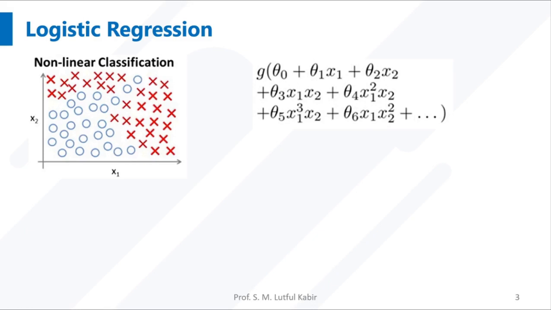And if you include polynomial terms, then maybe you can get a hypothesis that separates the positive and negative examples as shown in the figure. This particular method works well when you have only say two features x1 and x2, because you can then include all these polynomial terms of x1 and x2.